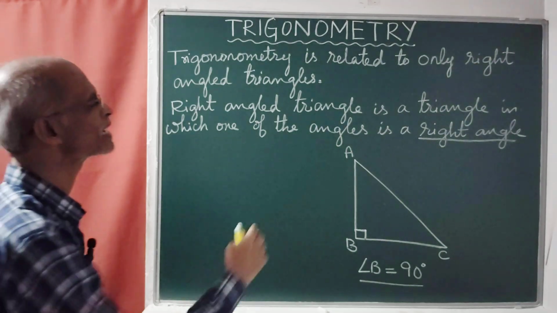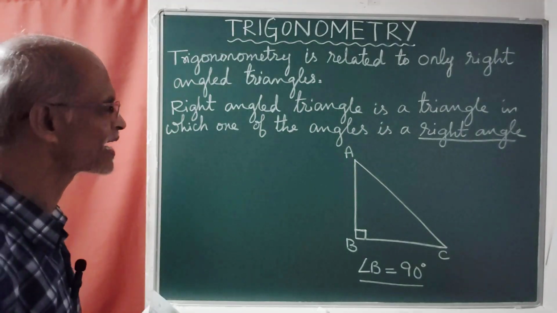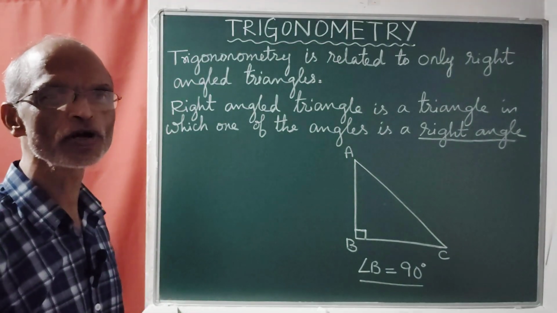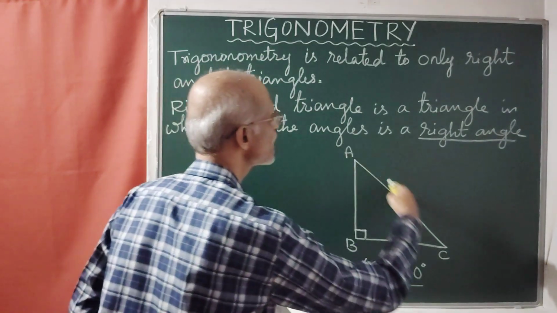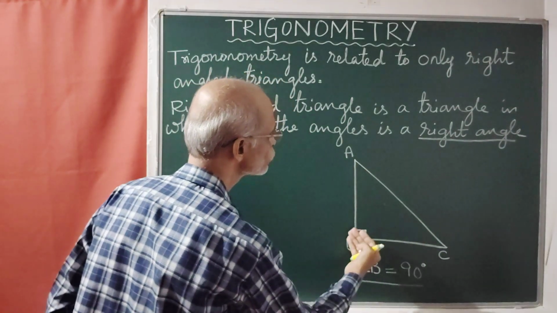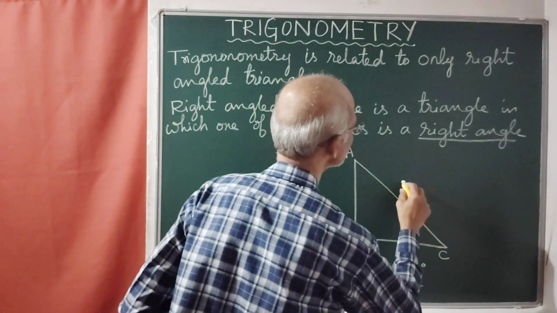Now, in a right angle triangle, the side opposite to the right angle is called hypotenuse. So, when this is the right angle, this side is the side which is opposite to the right angle. This side is called as the hypotenuse.